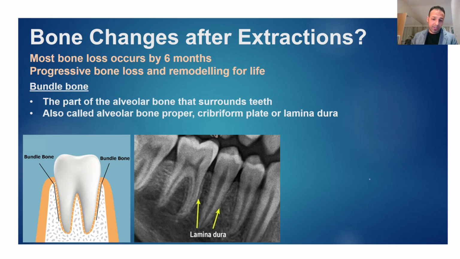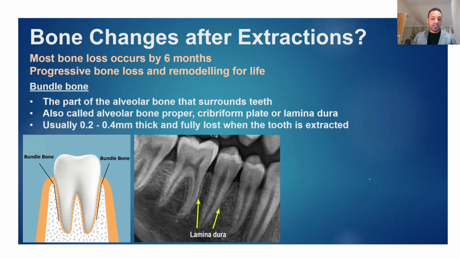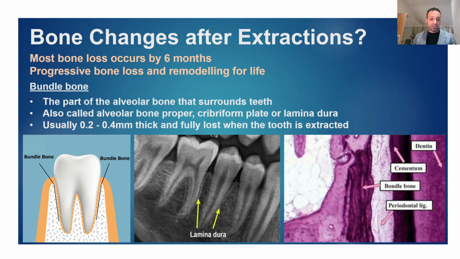You can quite clearly see the lamina dura, if you remember, on x-rays, where you have the periodontal ligament. The only way we know what the periodontal ligament is, usually, is because there's a slightly whiter structure next to it, and that's the lamina dura, the bundle bone. And then you have the periodontal ligament, and then the cementum and the root surface. Usually this lamina dura or bundle bone is 0.2 to 0.4 millimeters thick, and it's fully lost when the tooth is extracted.